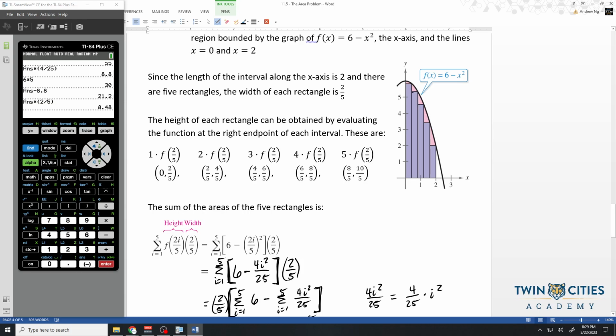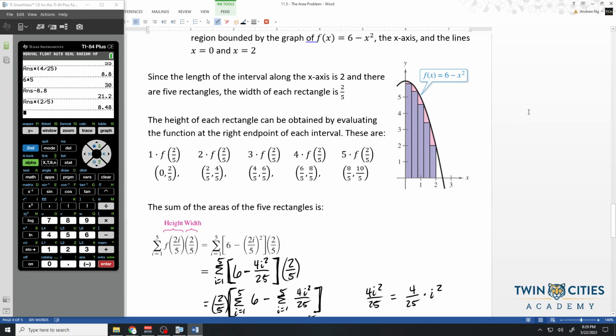I've colored them in pink. When I make 5 rectangles, the area of those 5 rectangles misses the little bit of pink here, the little bit of pink here, here, here, and here.